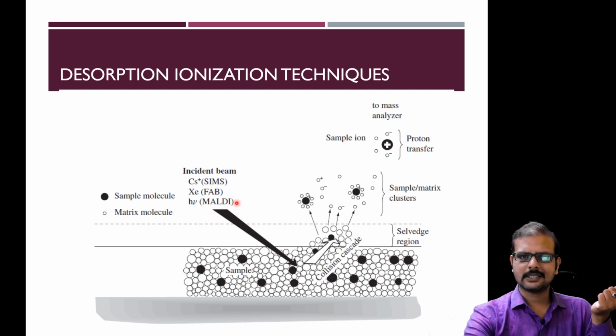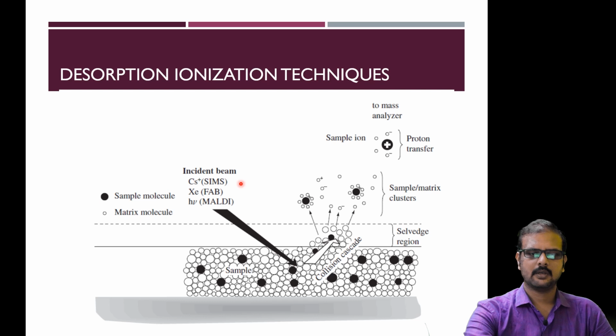These three techniques hit the matrix, which pushes the sample outside the matrix. The matrix ejects the molecules with proton transfer. The proton is transferred to the molecule inside the matrix, and then they are ejected outside the matrix.